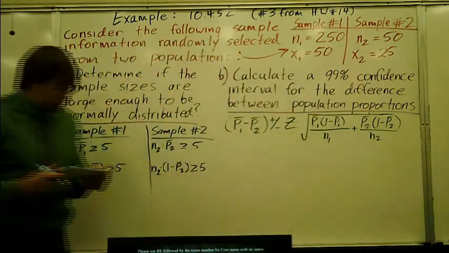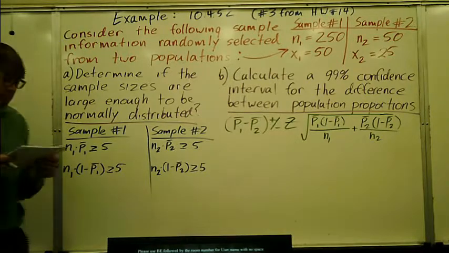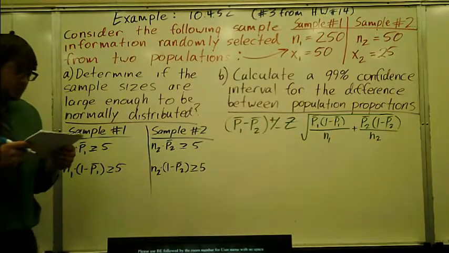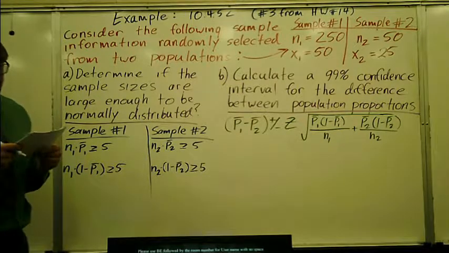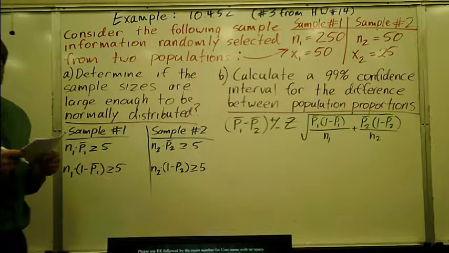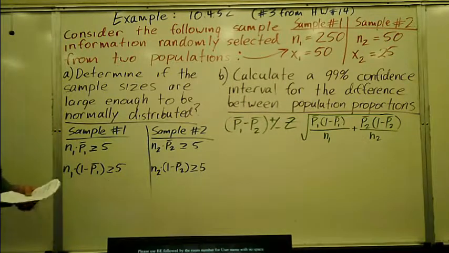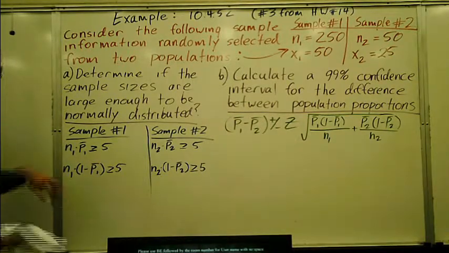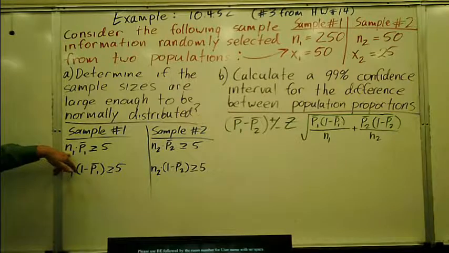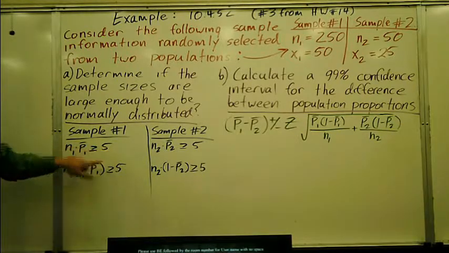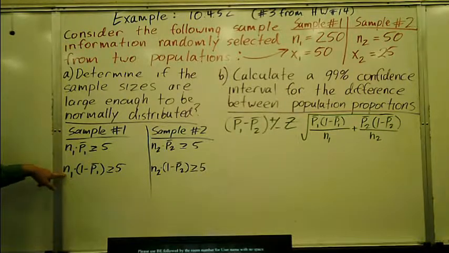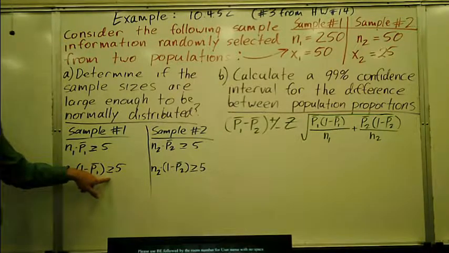Now, we're asked to do two different things. Determine if the sample sizes are large enough so that the sampling distribution for the difference between sample proportions is approximately normally distributed. So once again, to check that, all we have to do is make sure that the sample size multiplied by the sample proportion is greater than or equal to 5, and also that the sample size multiplied by 1 minus the sample proportion is also greater than or equal to 5.